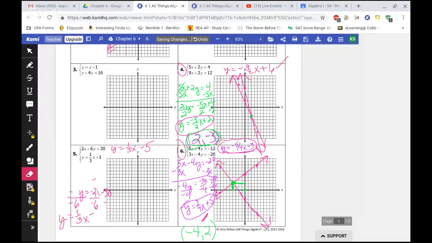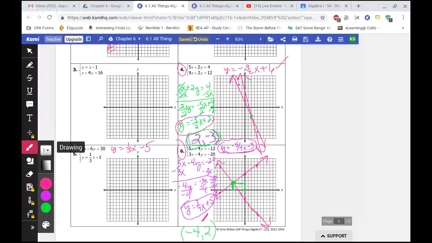What is the slope for each of these? 1/3. So I already know they're going to be parallel going in. I still need to plot them, but lines that have the same slope are parallel.